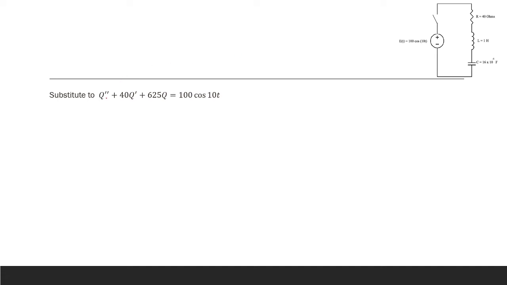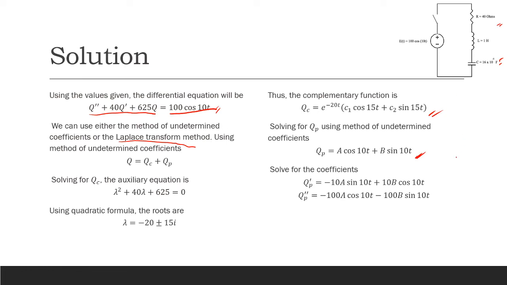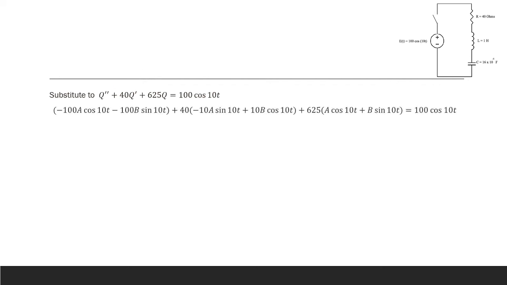Ang equation natin is q double prime plus 40q prime plus 625q is equal to 100 cosine 10t. Remember, if this qP is actually a solution to our differential equation, then dapat masatisfy niya na kapag sinubstitute natin siya dito. So, we substitute that to our equation.